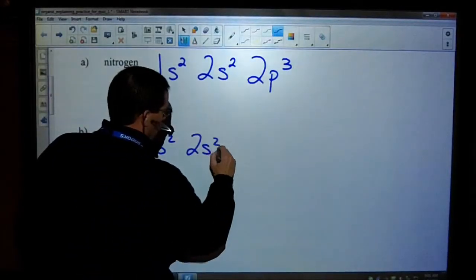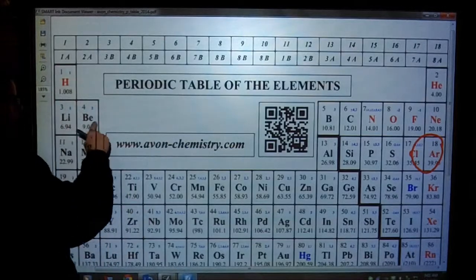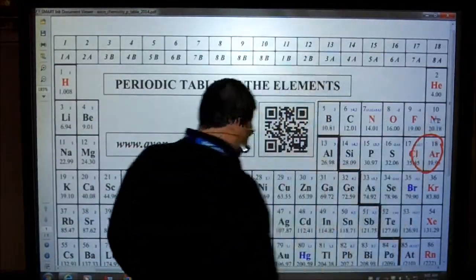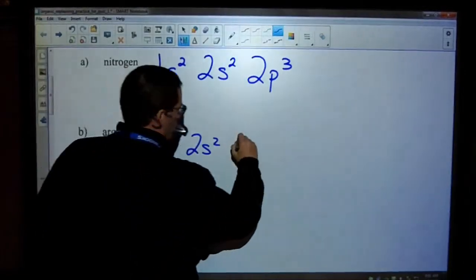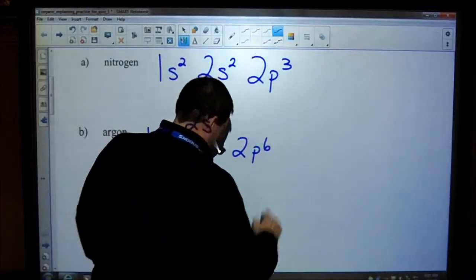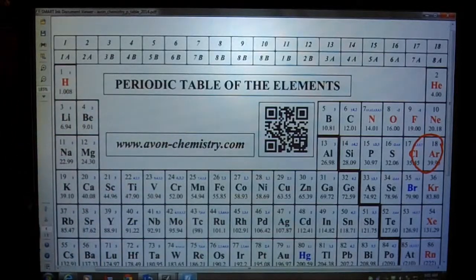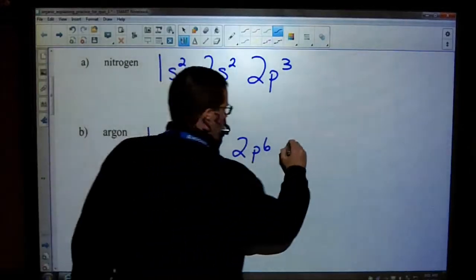So 2s2, okay, then we move on to the 2p's, and there's 1, 2, 3, 4, 5, 6 of those. So 2p6, and then once you fill up the second row, go to the third row. So we start off every energy level with an s orbital, so that's 3s.